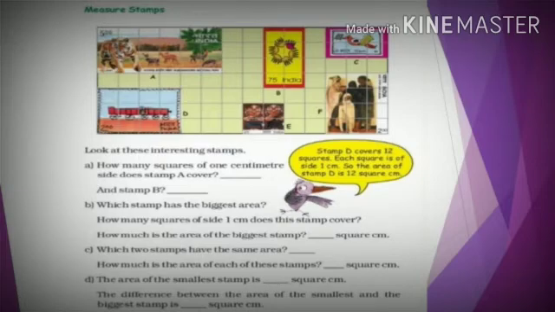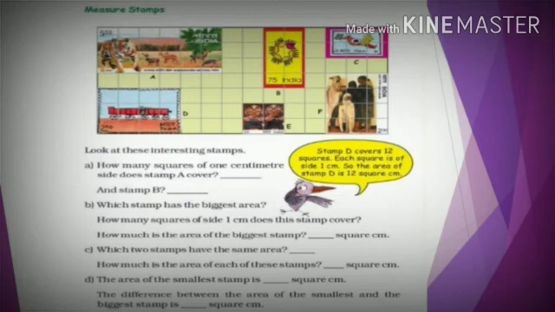Children, you can see here a few stamps. Let's find out the answers to these given questions. First question is, how many squares of 1 centimeter side does stamp A cover? You can see here, students, in stamp A, there are 18 squares.